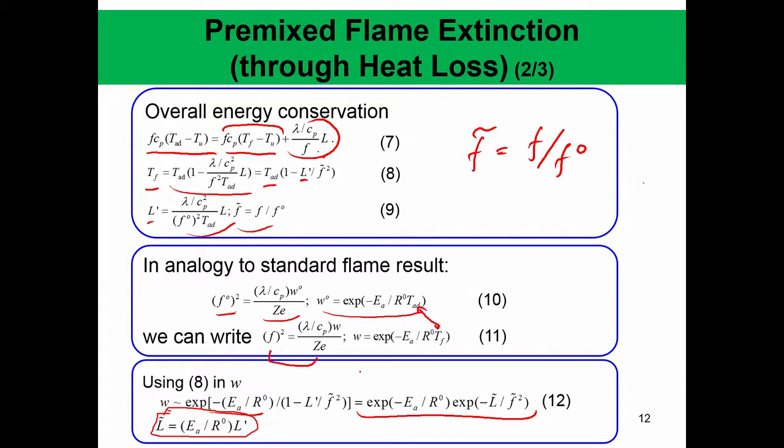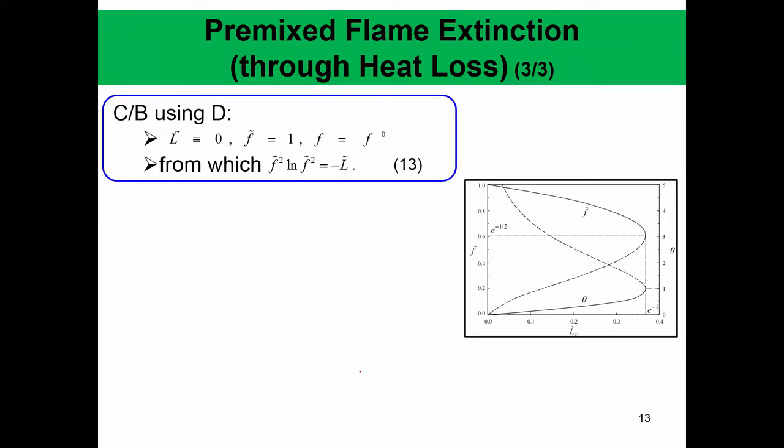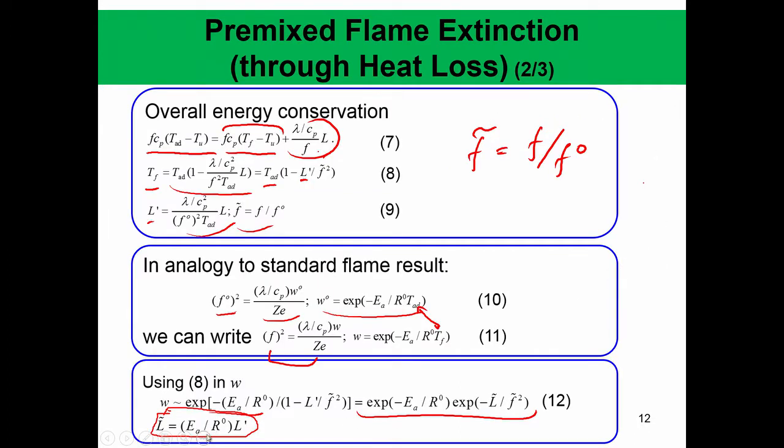With this we can find that this normalized burning flux F tilde square log F tilde square will be equal to minus L tilde, whereas L tilde is nothing but e to the minus Ea by R0 times L prime, where L prime is given by this. I will not go into the detailed analysis, you should do it on your own.